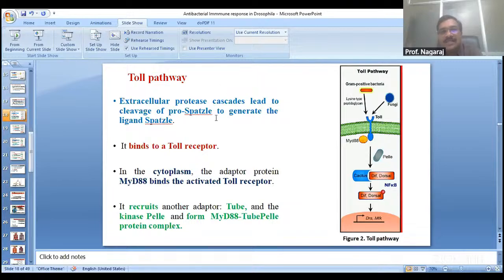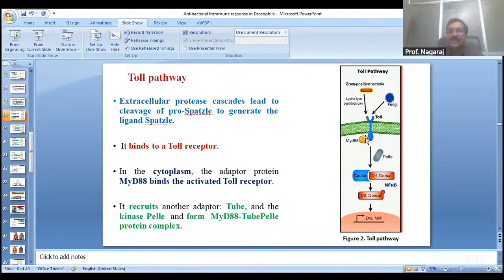An extracellular protease cascade leads to the cleavage of prospatzle to generate the ligand Spatzle, which binds the Toll receptor. MyD88, an adapter protein, binds to the cytoplasmic region of the Toll receptor and forms a complex.